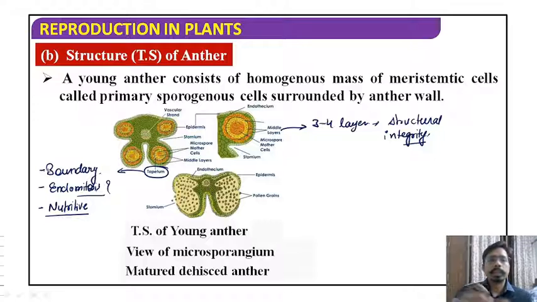It can secrete nutrition into the pollen sac, and that time it is considered a secretory tapetum, while a small part of the tapetum called the protoplast breaks and mixes within the pollen sac. That time it is considered the amoeboid tapetum. So on the basis of the type of nutrition, it can be of two types.